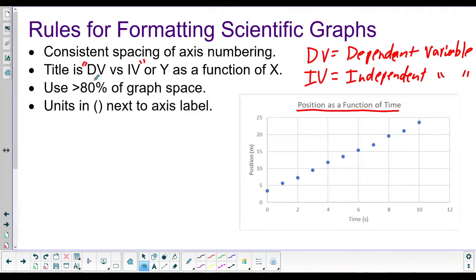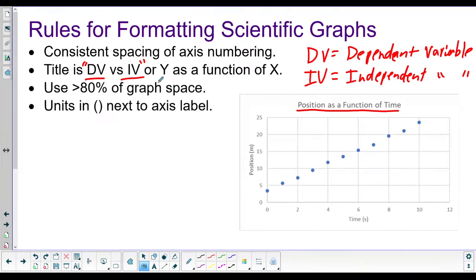Okay. We'll talk more about how to identify which one is dependent and which one is independent later. Usually it's determined by the way you measure things in your lab or your experiment. But it's pretty obvious. It's not too bad, right?